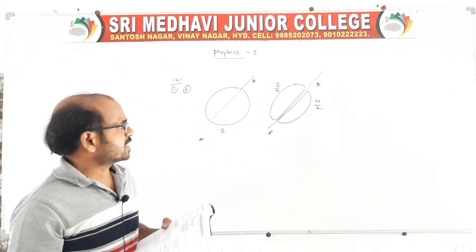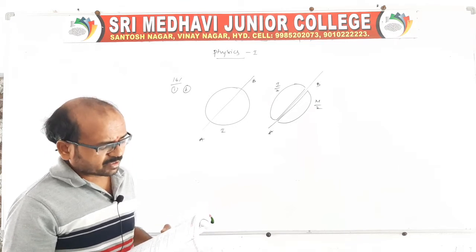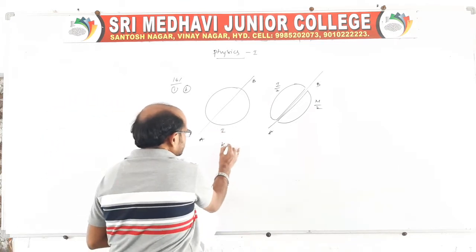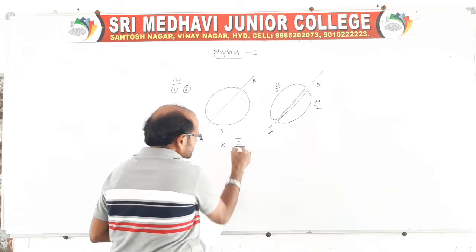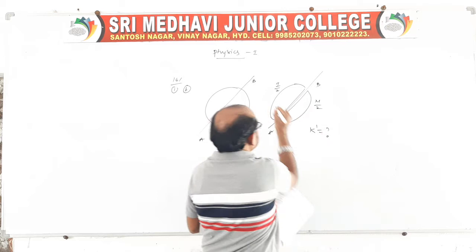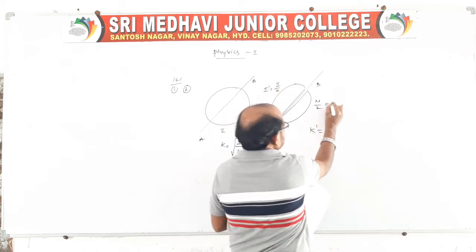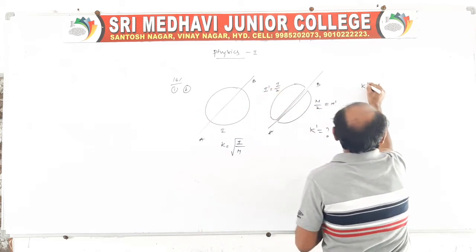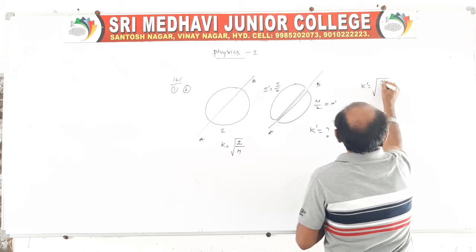For one half, the moment of inertia will be half and the mass also will be half. So for the radius of gyration, it is root over I by m. Now he is asking for this radius of gyration, you take I by 2 as it is and m dash, so that k dash is equal to root over I dash by m dash.